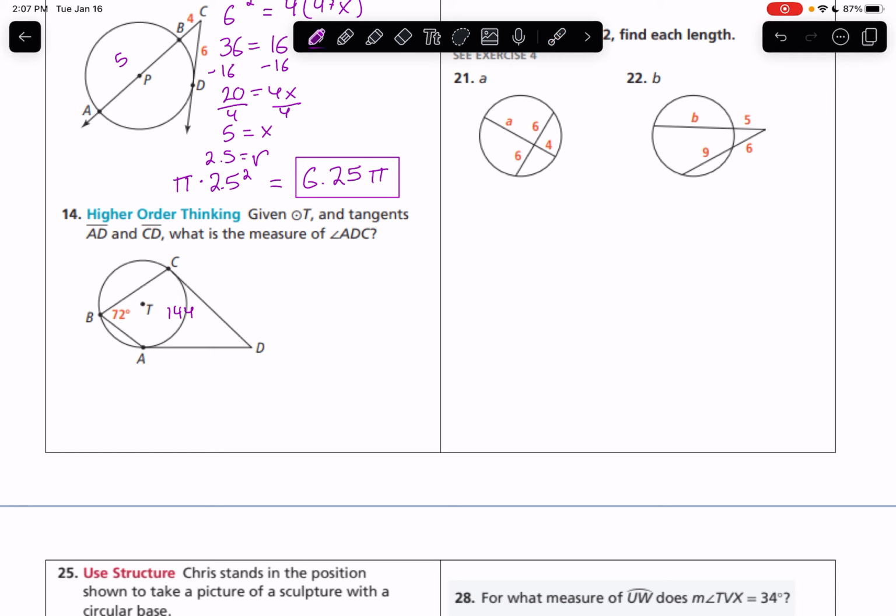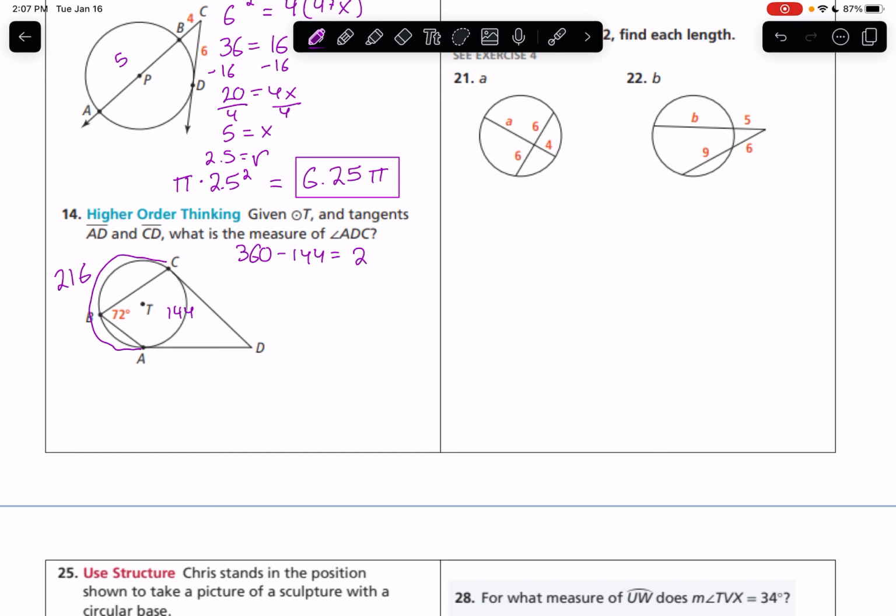And since that is a tangent angle, the rest of the circle has an arc of 360 minus the 144 that we found. So the rest of the circle has an arc of 216.